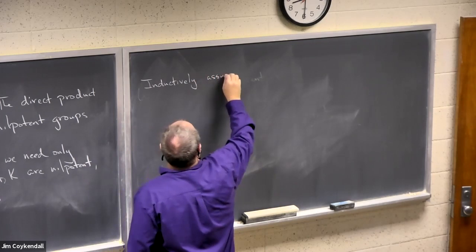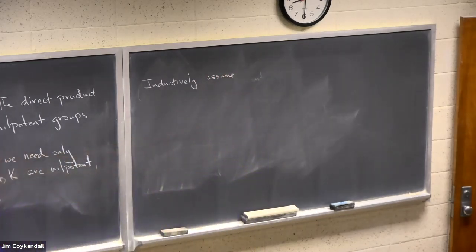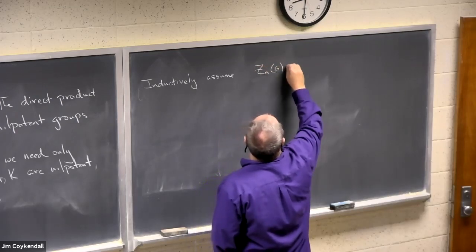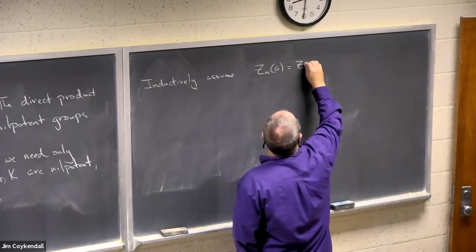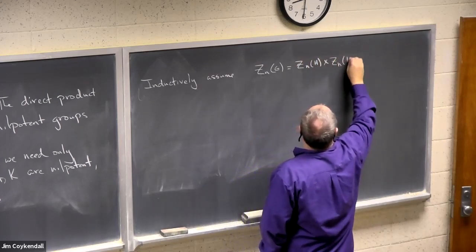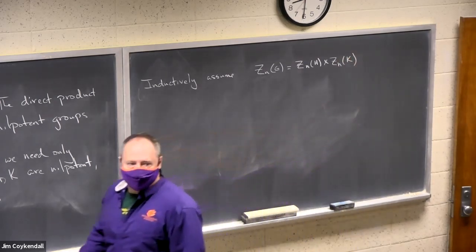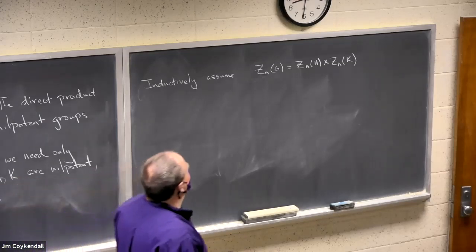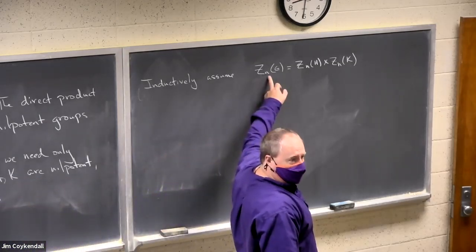Assume that Z_n G equals Z_n H cross Z_n K. Let me point out here that, of course, this is certainly true for n equals one, right?